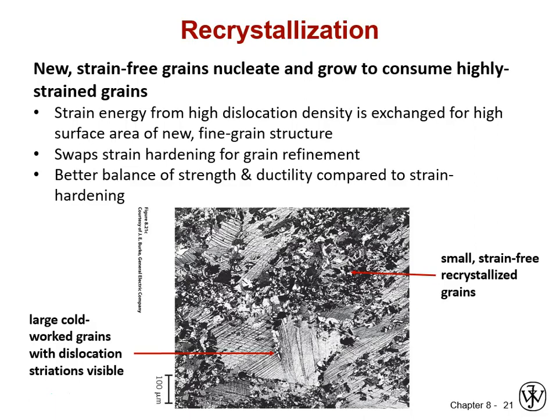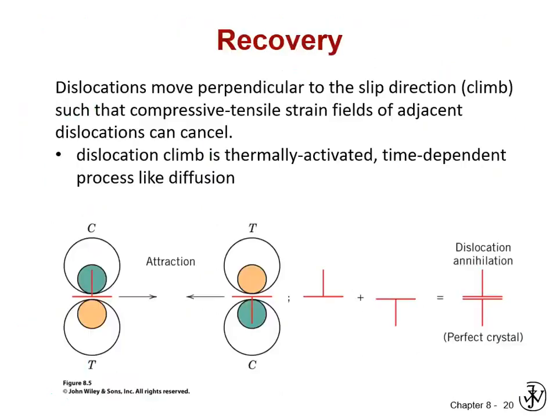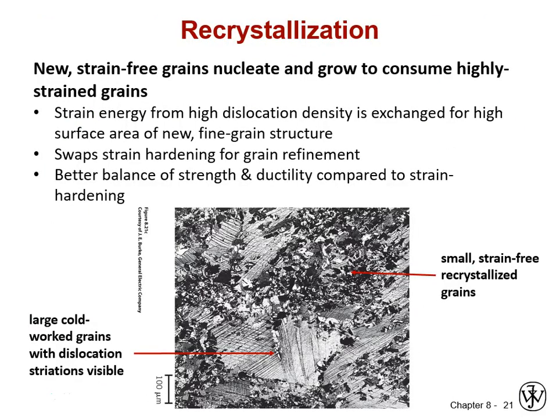So those all emerged in this recrystallization step that you can see here on the right. So this material is partway through recrystallization. It's halfway through its strain energy to surface energy swap transaction. So the new strain-free grains nucleate, and they grow, and they will consume the highly strained grains eventually.